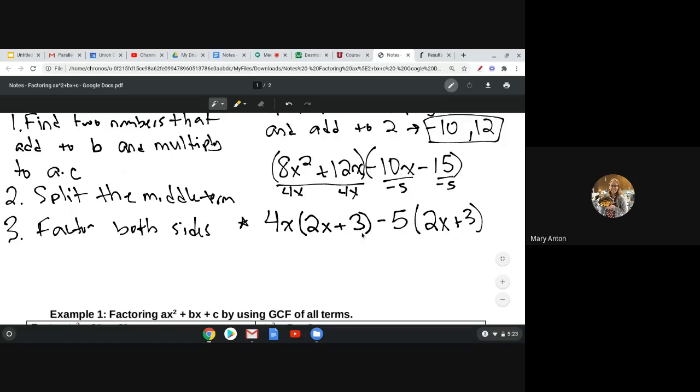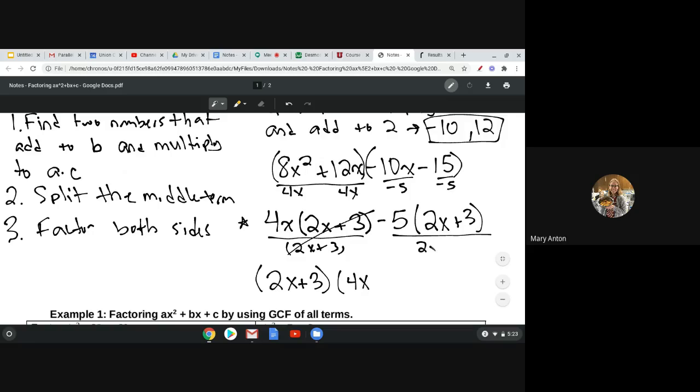So we have a 2x plus 3. I'm going to factor out a 2x plus 3 from both these terms. All right? So we have a term here and a term here. Well, if I divide this first term by 2x plus 3, these just cancel and we're left with a 4x.